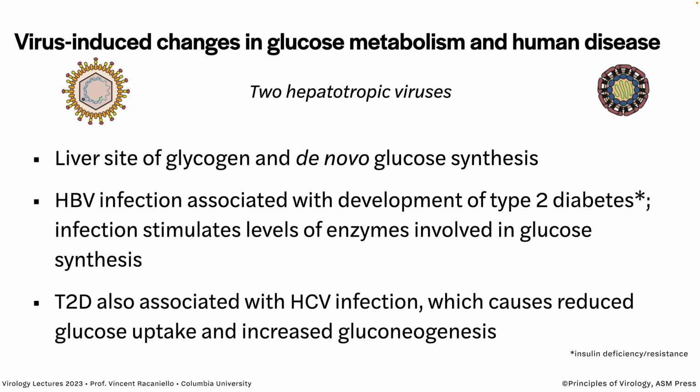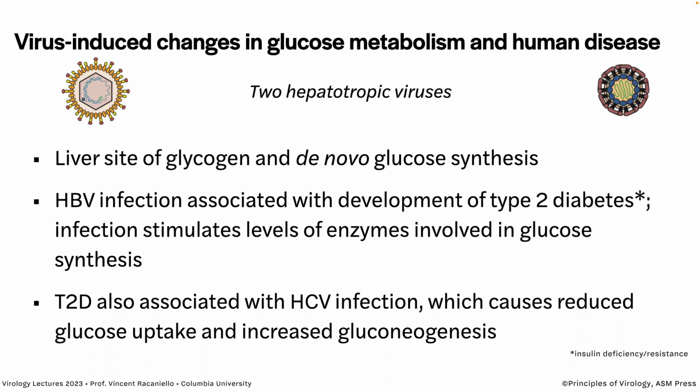And that's because virus infection induces the enzymes that are involved in glucose synthesis. So the virus requires glucose for production of energy, as I just showed you, but this has a pathogenic consequence because it leads to type 2 diabetes.